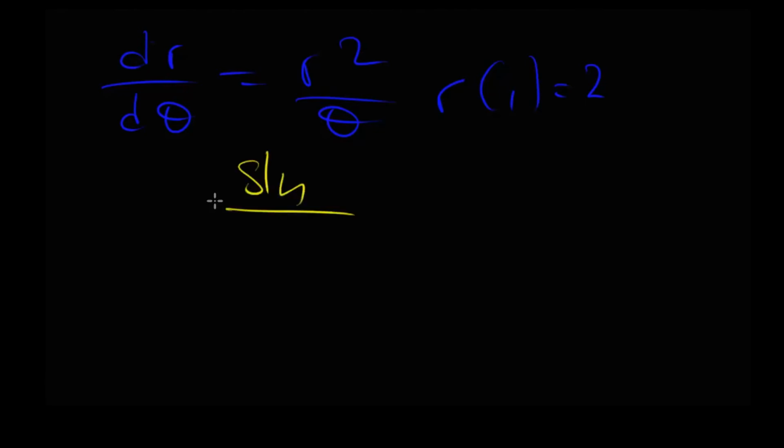So how are we going to separate? It has to be first dr over r squared is equal to 1 over theta, d theta.